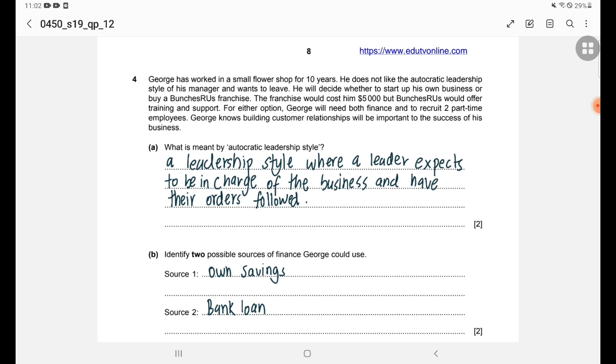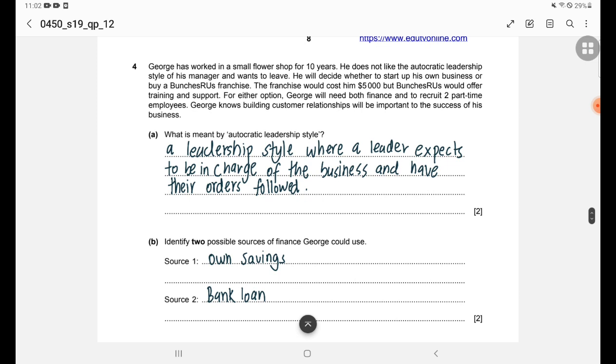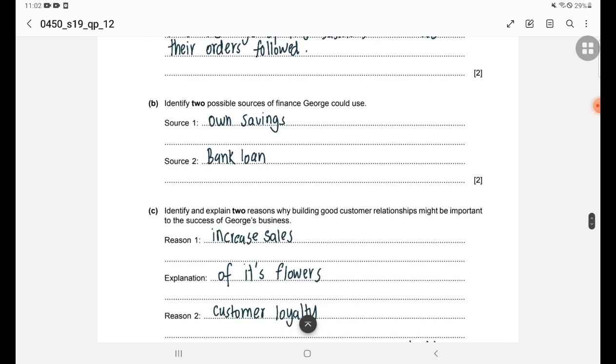Like you can still get 2 marks also. If you say manager takes or makes all decisions, or if you just say employees have no say in decisions, you will only get 1 mark. You have to specify that yes, employees have no decisions, but you also have to stick these together. Employees have no decisions and manager will take control. They have to be in one sentence in order for you to get 2 marks.